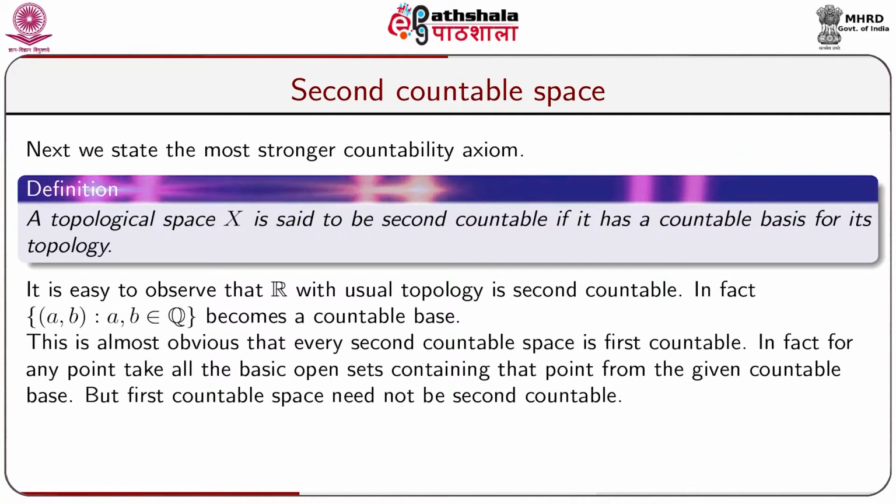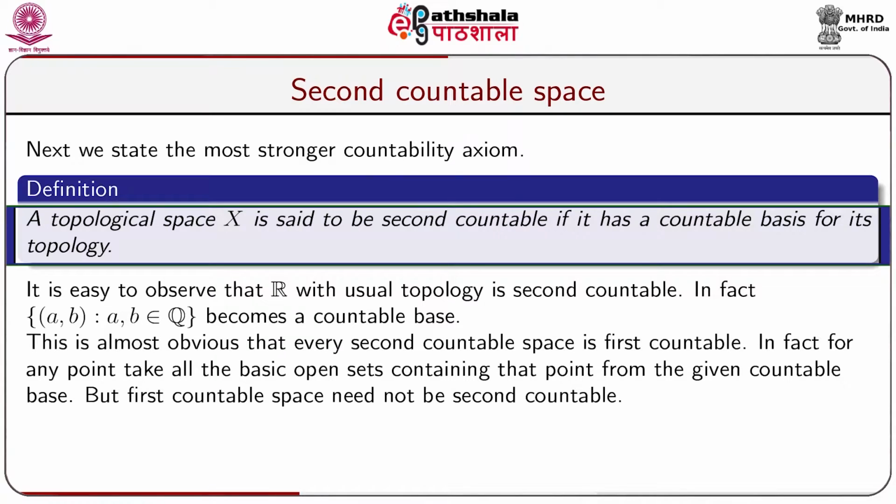In the future discussion, we will see that uncountable discrete spaces are not second countable. RL, that is the Sorgenfrey line, is not second countable. Let us first come to the definition of second countable spaces. A space capital X is said to be second countable if it has a countable basis.